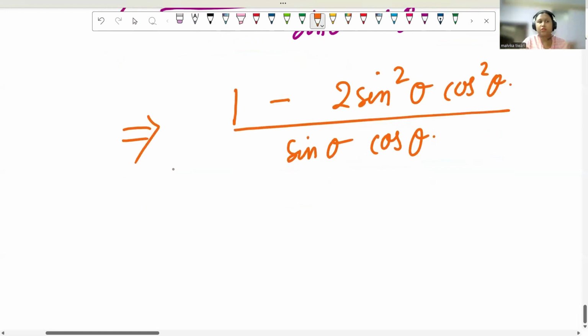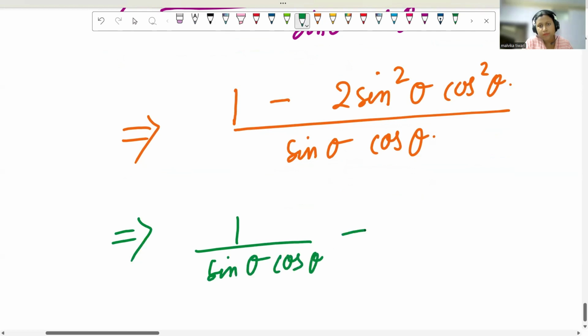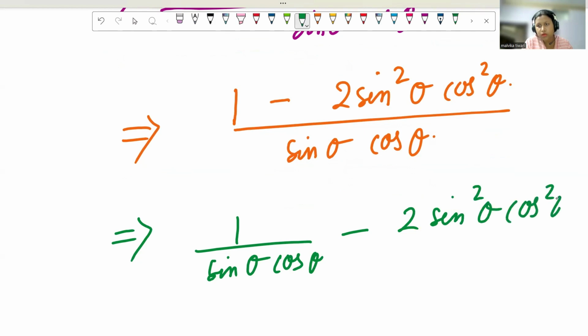Now we separate the two terms. So we get 1 by sine theta cos theta minus 2 sine square theta cos square theta by sine theta cos theta.